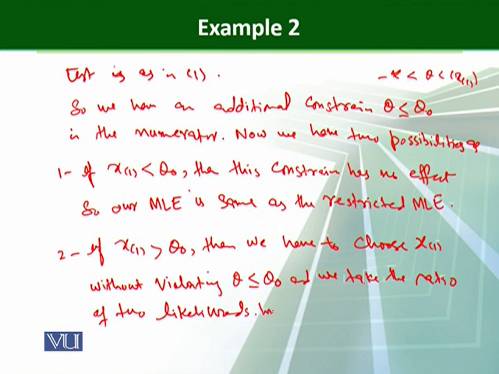So in this case the numerator is L of theta naught given x.